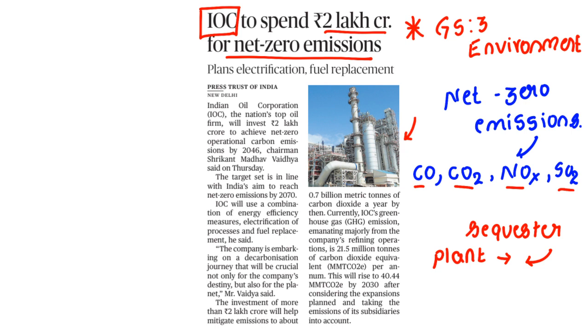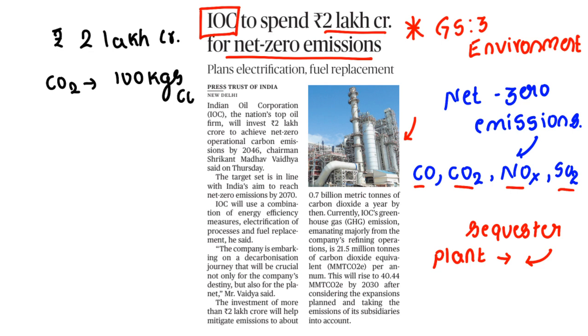Right now they are saying that they are going to spend rupees 2 lakh crore, and the 2 lakh crore would be used for different purposes. Clear? So see, net zero emission means, let's take one company producing 100 kgs of CO2.